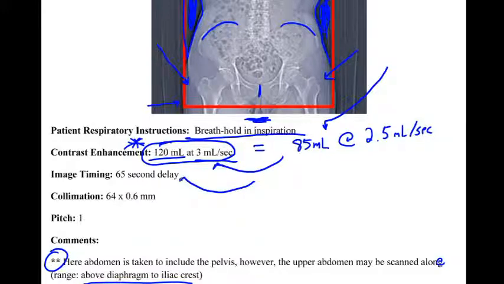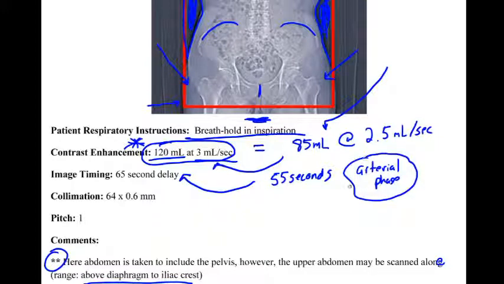Also, 65-second delay, which seems quite a lot. Our delay usually is about 55 seconds. And if you'll notice here, there is no other scan. It's just one scan. So this scan is typically going for the arterial phase for the most part.